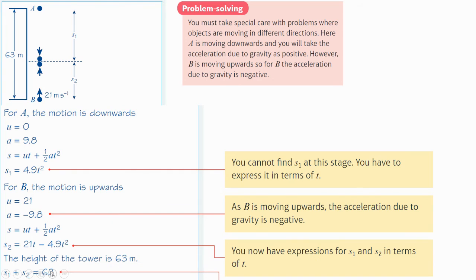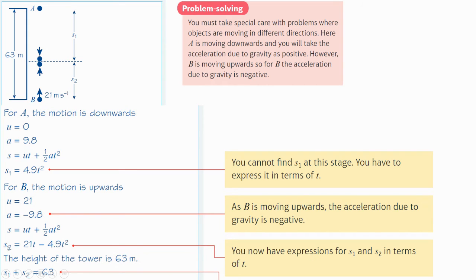So, hopefully you can spot what we're meant to do from here. I'll give you a moment to have a think about it. Pause it if you want a bit longer, but otherwise I'll tell you how to do it. So instead of S1, we could write 4.9t squared.